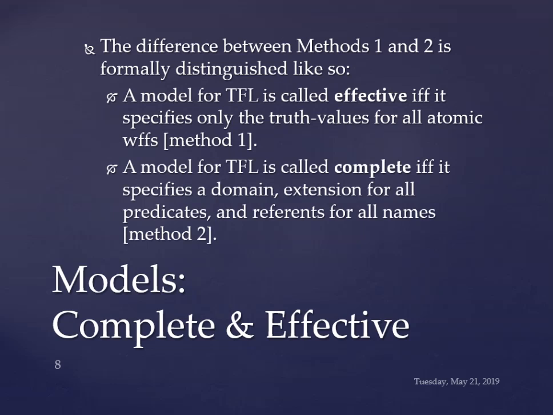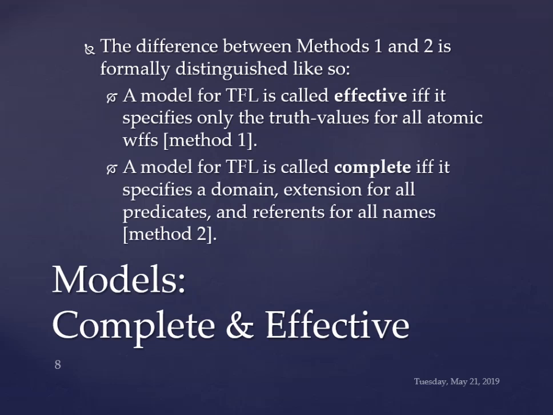Complete, of course, just means you have to do more work. You have to specify a domain and an extension for the predicates and reference for all the names, and that's just a lot of work. So you can think of it as being complete: doing a lot of work for the sake of doing a lot of work.